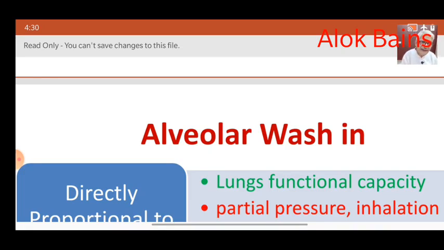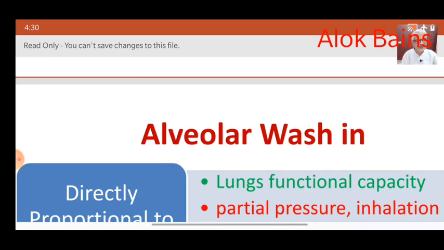Number one, the factors that will increase the rate of wash-in, means movement of inhalation anesthetics from the respiratory tract into alveolar space. Second one will be factors that hinder or decrease the rate of movement of these inhalation anesthetics into alveolar space. And last one shall be factors that have no effect on movement of these inhalation anesthetics from the respiratory tract into alveolar space.